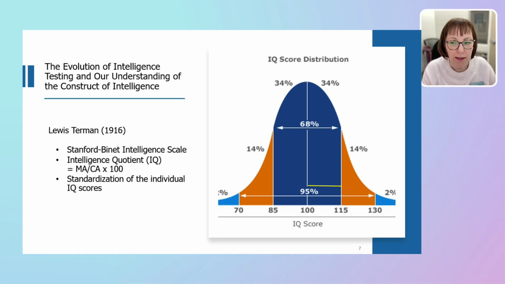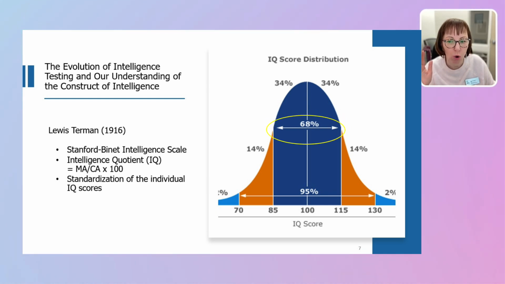Okay? So if you look at the raw scores that range from 85 to 115, 68% of the population fall within that range. That range also represents -1 to +1 standard deviation from the mean.